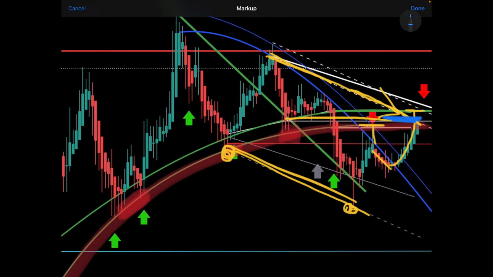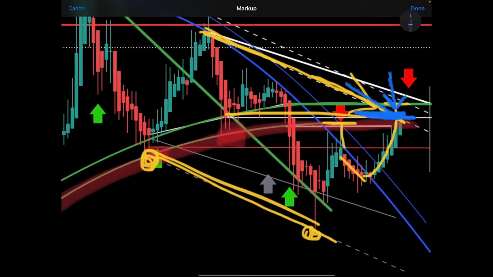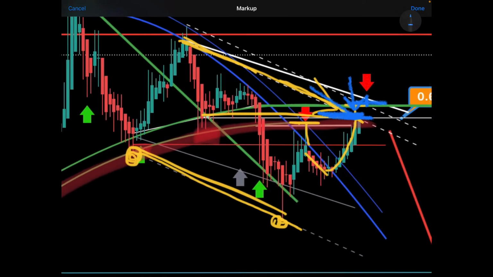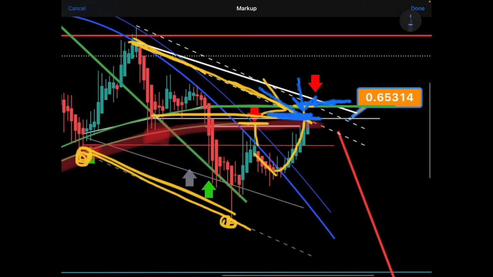Where they intersect acts like a magnet. I was actually expecting it to intersect with this point, but these were the two price levels we were expecting. Again, I posted this in the chart so you can see that I made these calls in advance, along with the arrow.